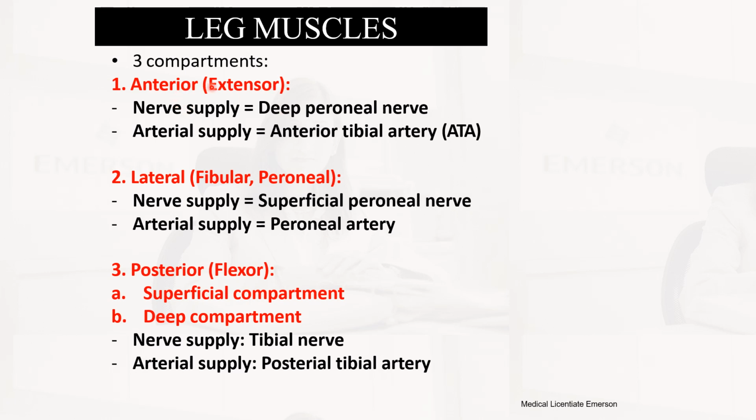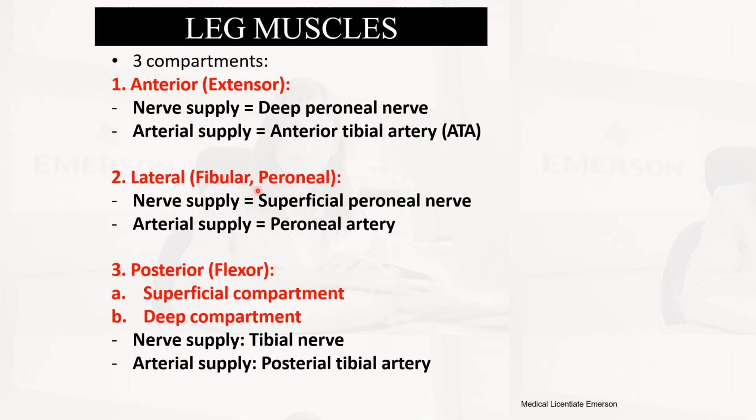Leg muscles, in terms of compartments. We have touched on some of the definitions for compartment, and also what extensors and flexors are. For the leg, we have three compartments: the anterior, lateral, and posterior compartment. The anterior, which are the extensors, have nerve supply from the deep peroneal nerve and arterial supply from the anterior tibial artery.